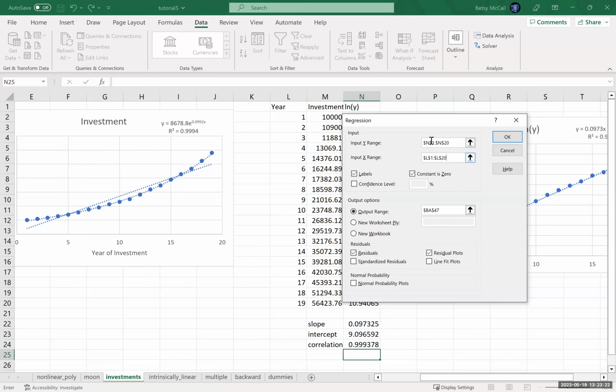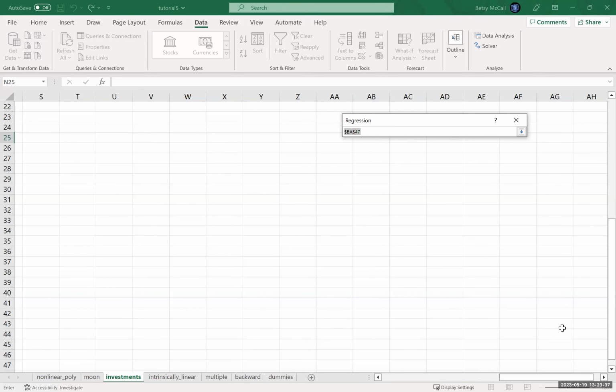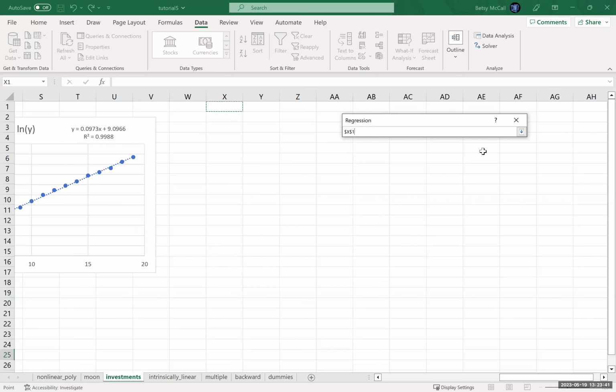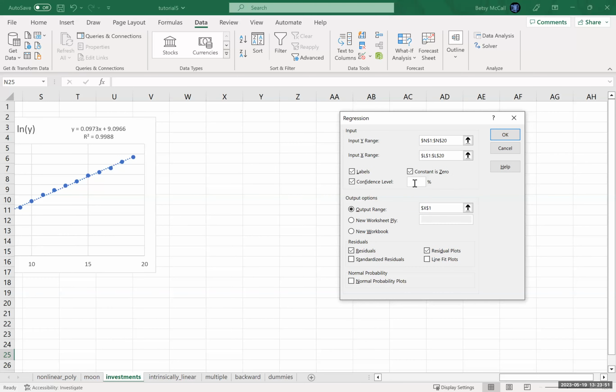Again, make sure that if you're using the labels, you have the labels box checked. If you're not using the labels, make sure you don't check the labels box. Where do we want this output to go? I don't want it to go all the way over there. Let's just put it over here. And we'll check our residuals. And let's put in an 80% confidence level.